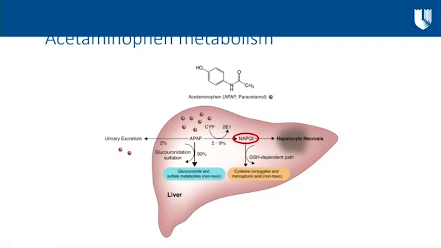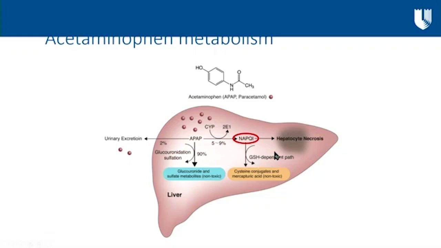So everything's great, right? Except when we either, one, chug the 5,000 count bottle. If we do that, then we overwhelm this system, and it says, I can't take it anymore, and we start pushing more metabolism this way. We build up that NAPQI, we start to cause some damage, and we only have a certain amount of glutathione stores.